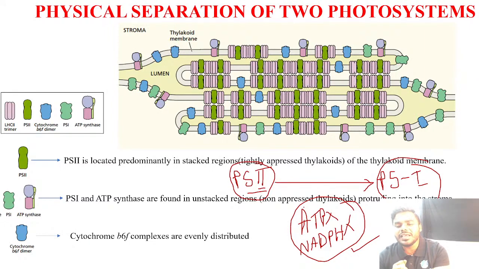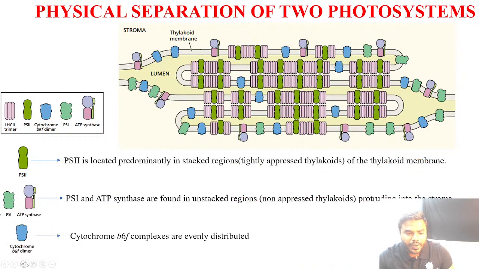In order to prevent the direct electron flow from photosystem 2 to photosystem 1, what do we have to do? We have to stop the transfer of electrons directly. For that, we have to separate PS2 and PS1.